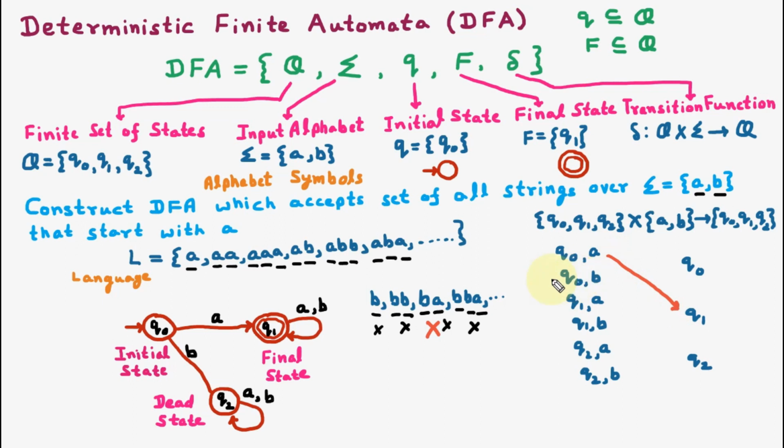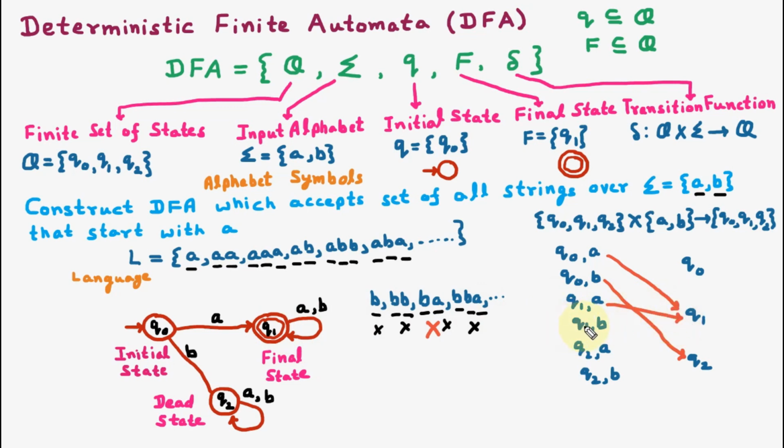Secondly, if we are on Q0 and B will come, in that case we will go to Q2. Third, if we are on Q1 and A will come, what will happen? From Q1, A is coming and we are coming back to Q1. So here we are putting the arrow till Q1.